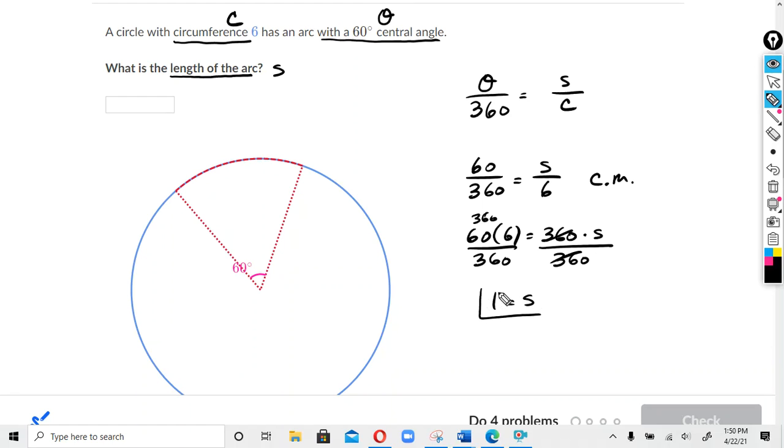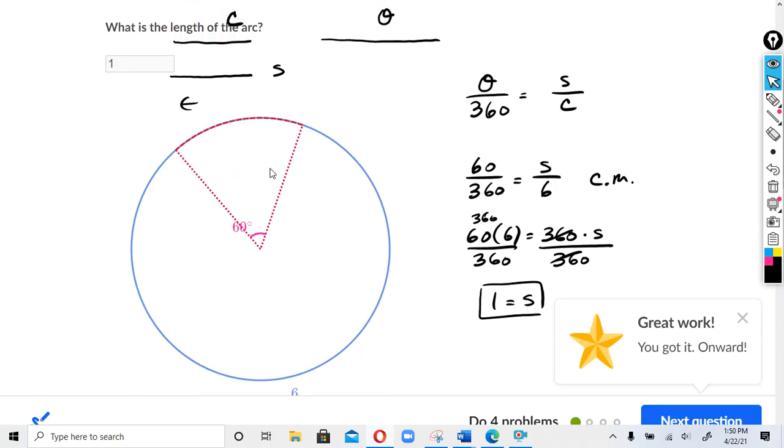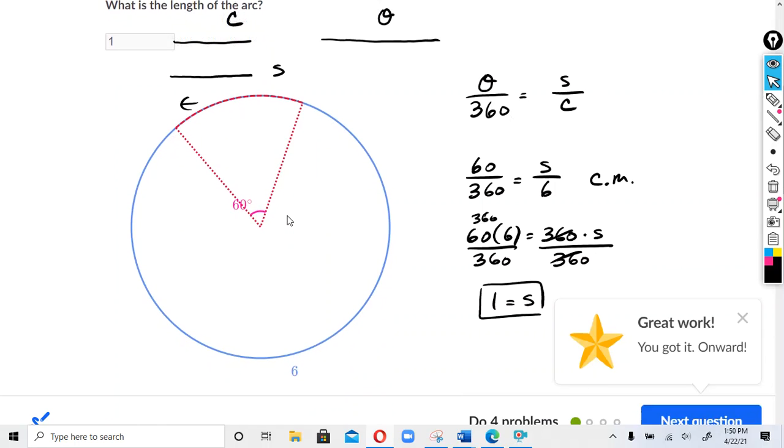So S equals 1. That's your arc length, and that just goes in the box. You can use the drawing if you want to, but everything in the drawing is in the write-up. So we just found this arc length right here.